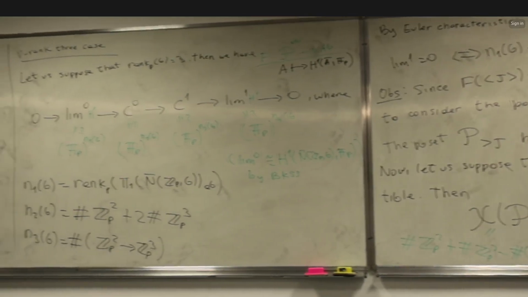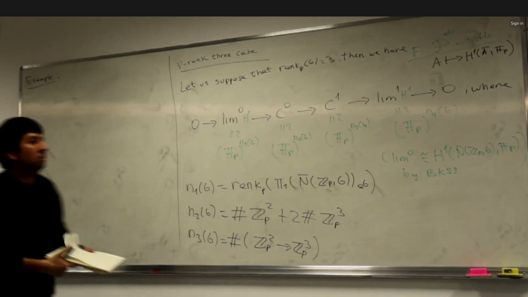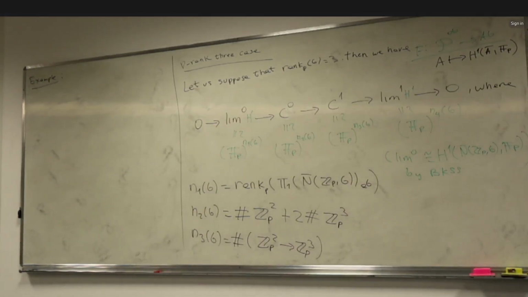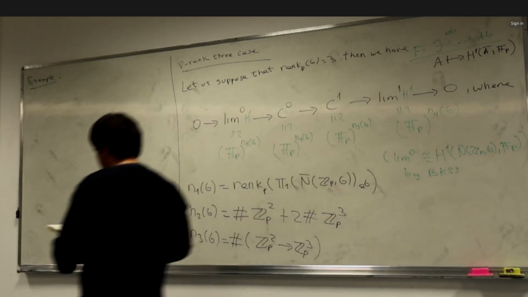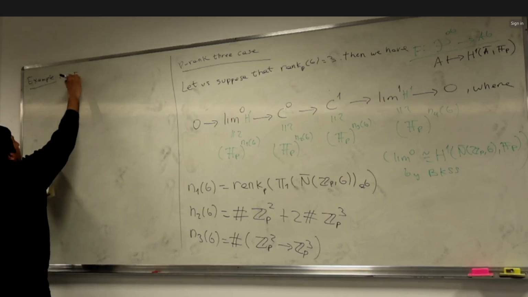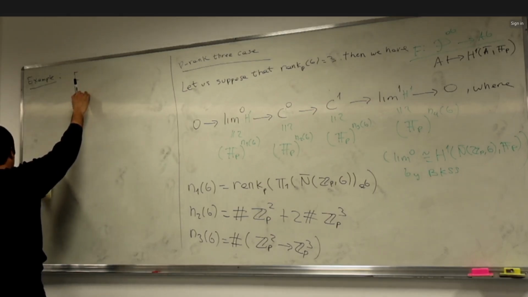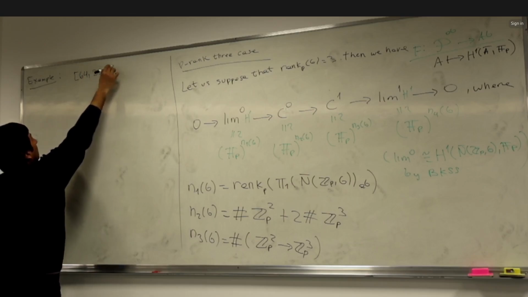Example. Well, this theorem includes the case p equals 2. Okay? For example, let's suppose that we have this group, the ID of this group in GAP is 64, 158.